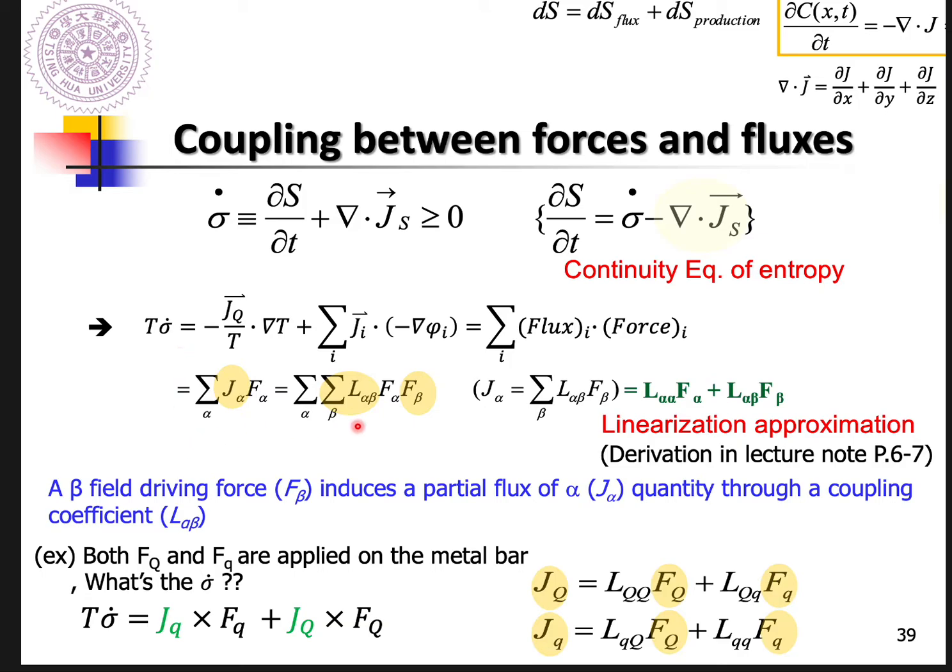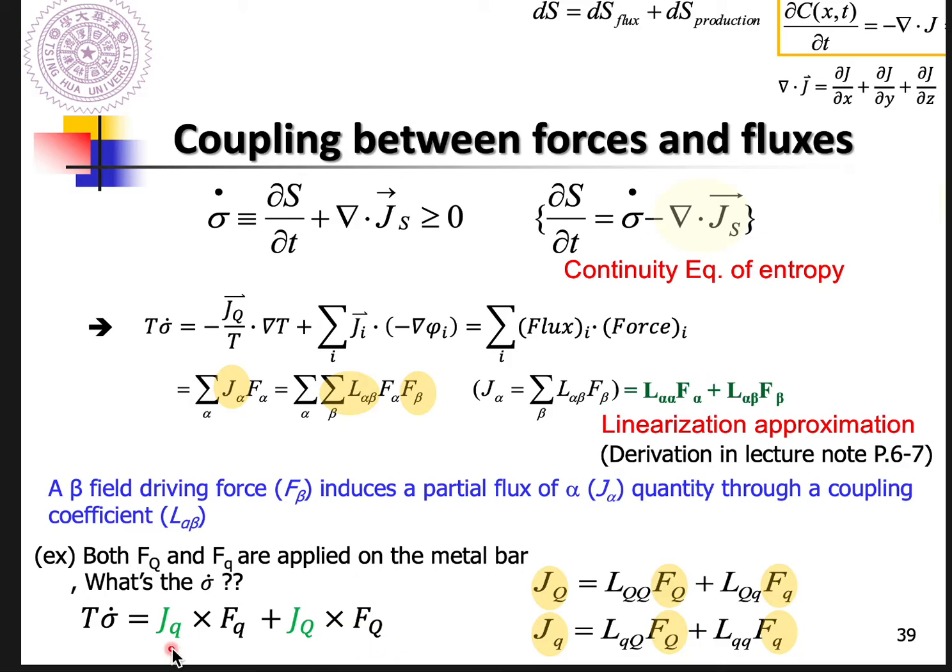Based on this equation, we can write down the absolute temperature times the entropy production rate per volume equals the current density times its driving force, F small q, plus the heat flux times the corresponding driving force, the temperature gradient, F capital Q.